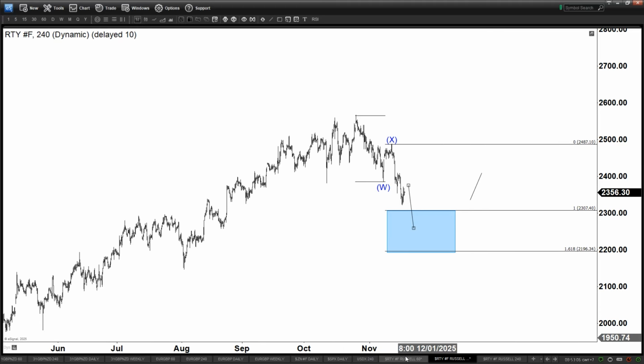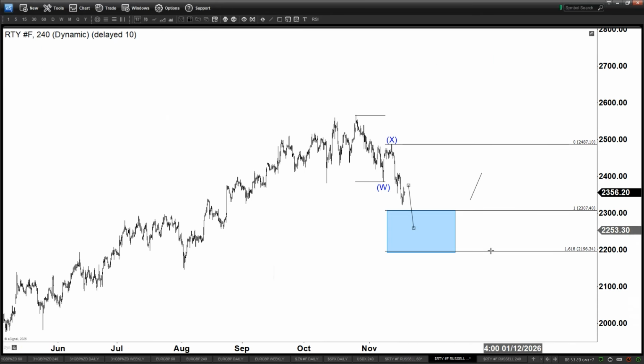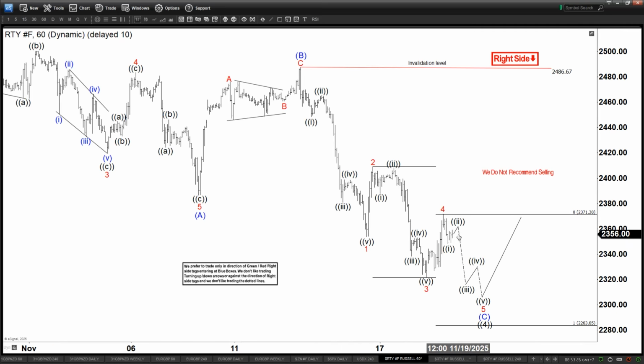Okay, well, in the shorter cycle, since we have not reached the minimum 2307 here, then we should be looking for further downside still, and looking for the rally to fail for further downside into this area, 2307 to 2196. Now in terms of very short term though, like I said, it does not necessarily have to do it exactly like this, right?